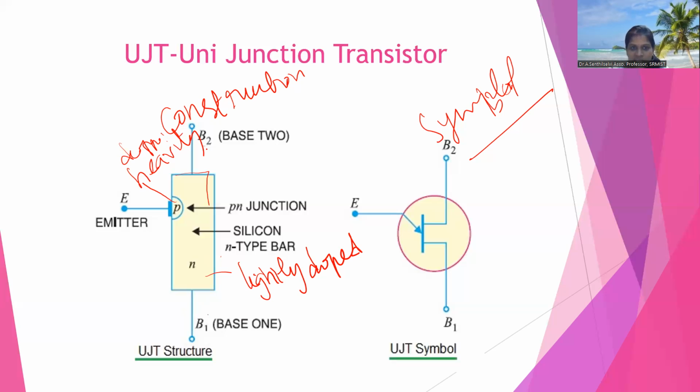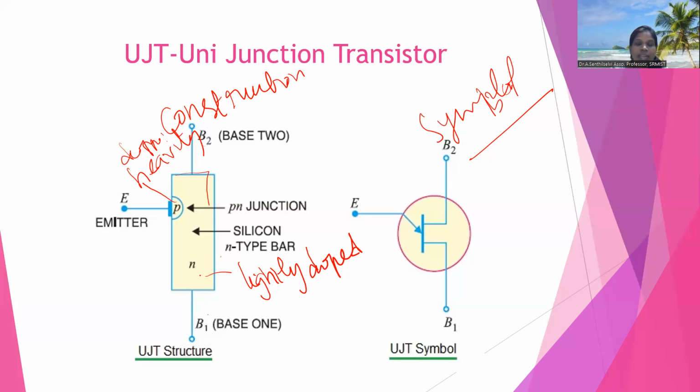So a unijunction transistor is constructed using an N-type bar, in which a P-type material is diffused. This is lightly doped, this is heavily doped.